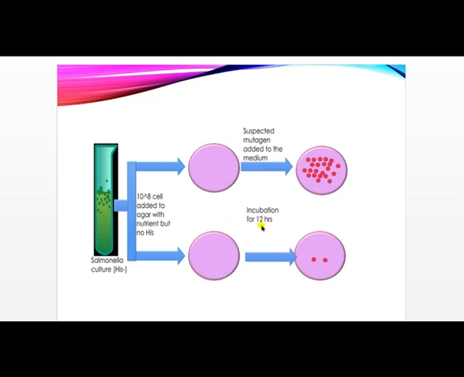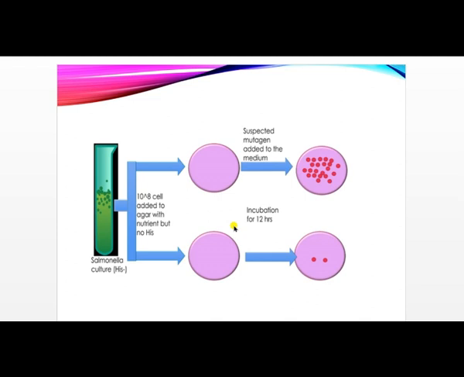So what results occur after a 12 hour incubation period? Here the suspected mutagen is added to the medium, right? Here we have already added chemical mutagens. So the result is what? A large number of bacteria grow in this culture, but in the other, only 2 bacterial cells grow.